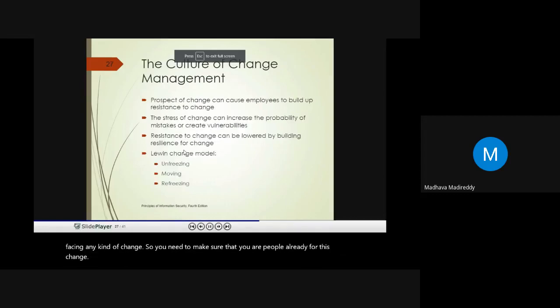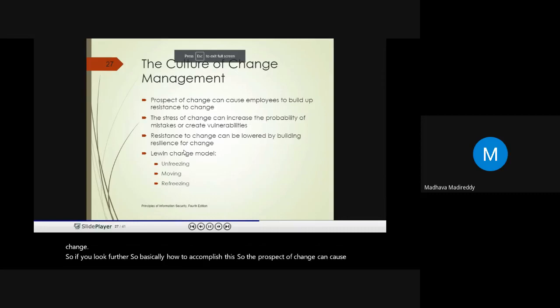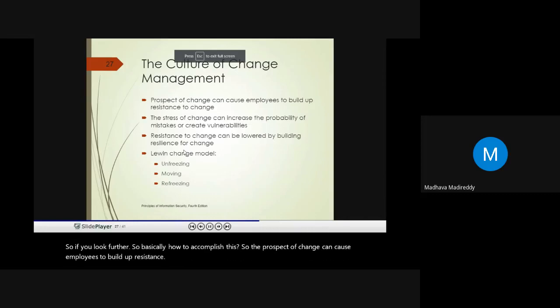So if you look further, how do we accomplish this? The prospect of change can cause employees to build up resistance. Resistance means people do not want to change. People are usually inert, meaning if they are doing something, they want to keep doing the same thing. Sometimes people are genuinely stressed.